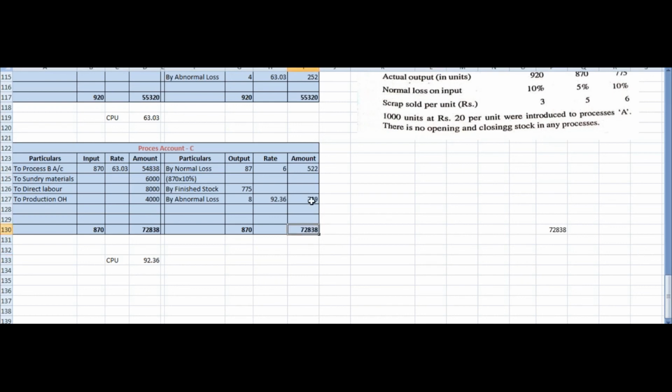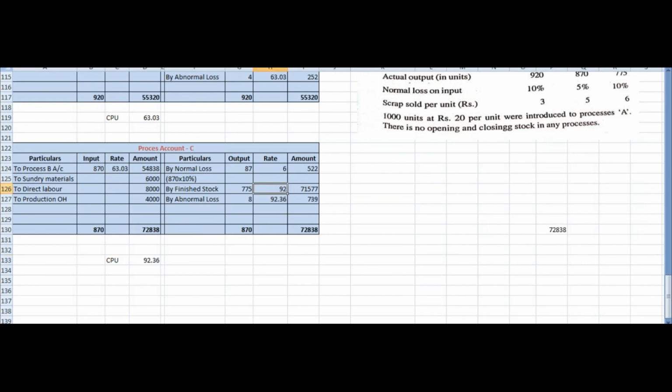Now this one minus these two. We have to reduce the total amount, 72,838 minus 738. This fraction is the same rate per unit.